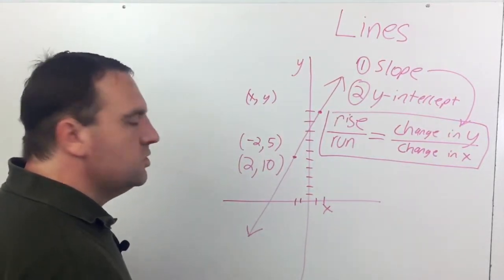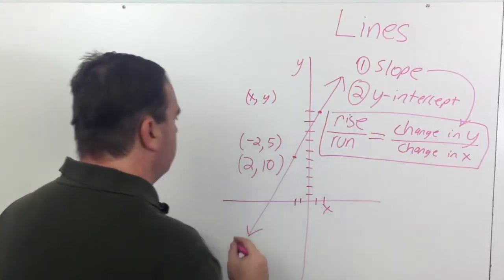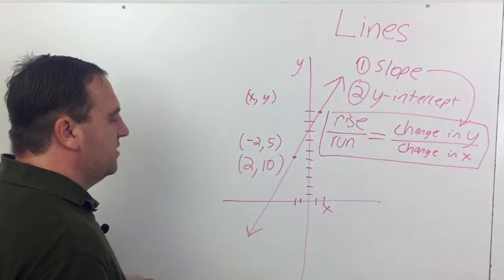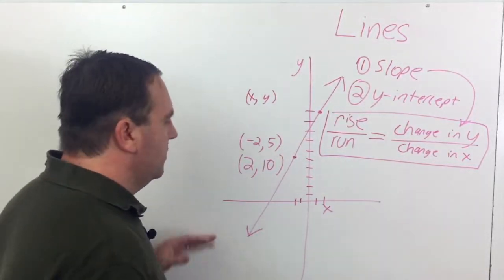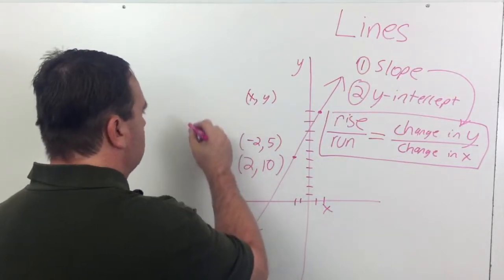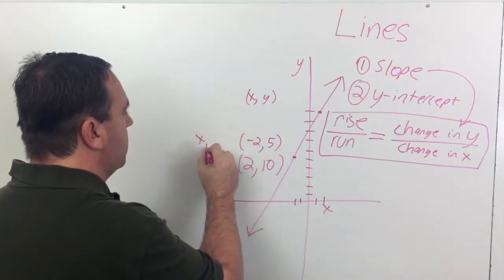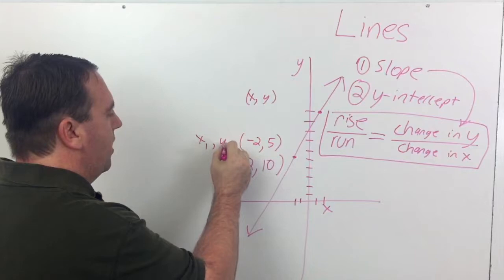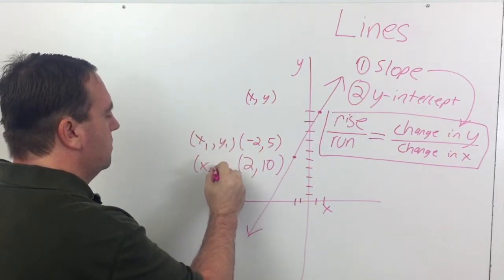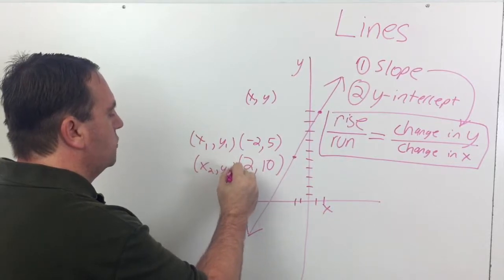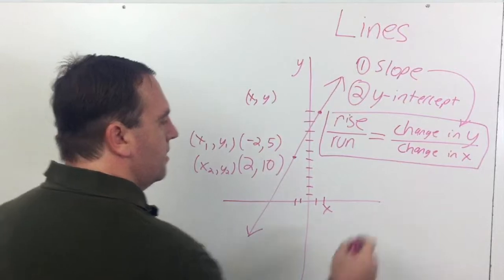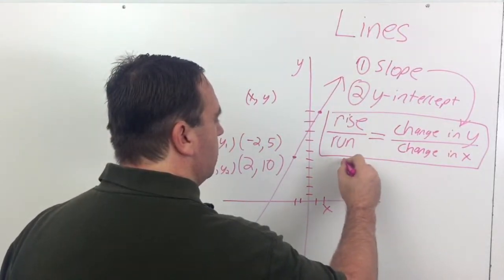So to do a change in y, we need to label these, because if I just say x and y, then you don't know which one I'm talking about. So we'll say this is x1, y1, and this is x2, y2.